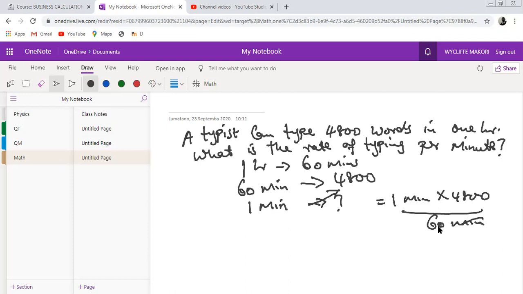Minutes and minutes cancel. 60 goes into 4,800 80 times. So the typist is able to type 80 words per minute. That is the rate of doing that particular work.